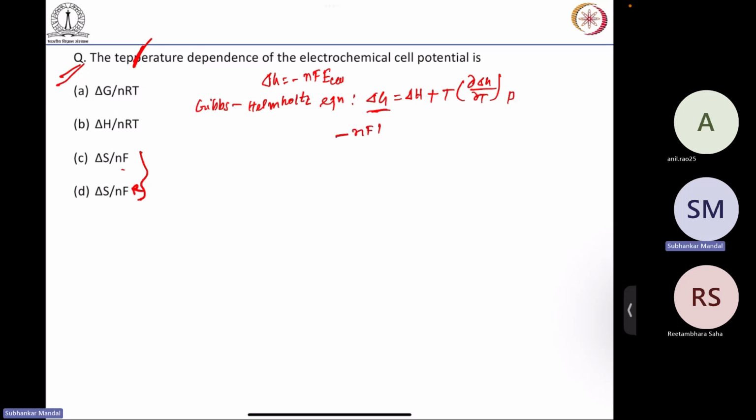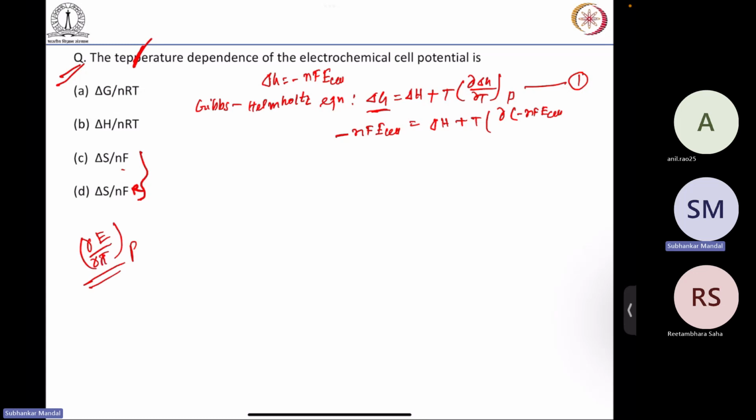Minus NF E cell. So this thing you can write, this is equation 1. So del H plus T del minus NF E cell, because basically we have to calculate del E by del T at constant P, the temperature dependency of the electrochemical cell potential.